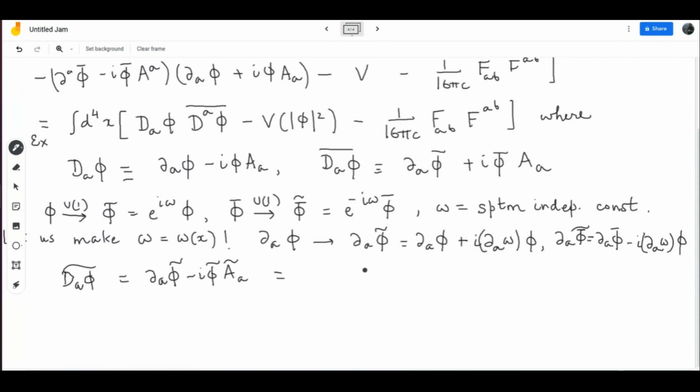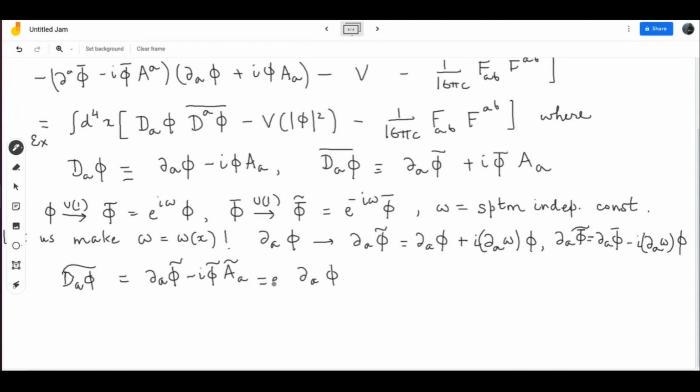So you can see immediately, I can skip a step also, that del A phi tilde is this. Let me just write it down. Del A phi. I think it's best to write e to the I omega as a common factor because that's always there. So phi tilde, remember, is e to the I omega phi.